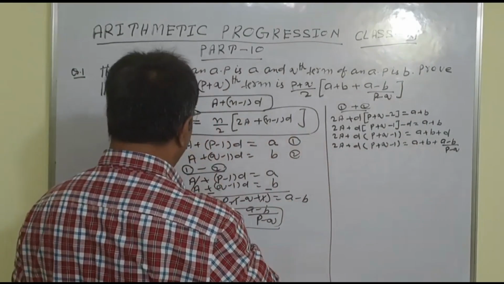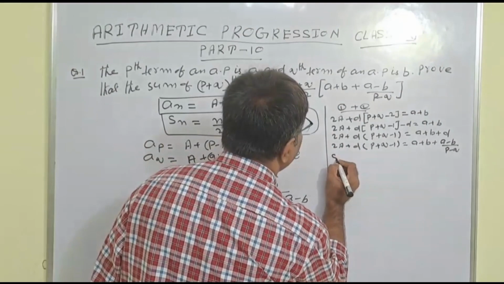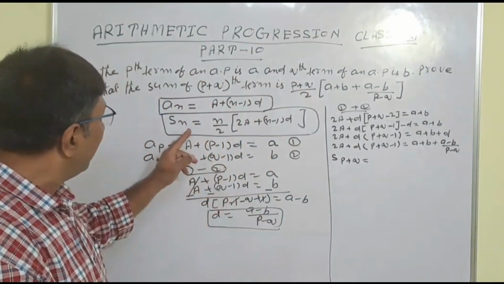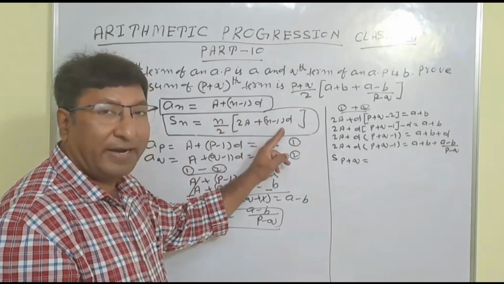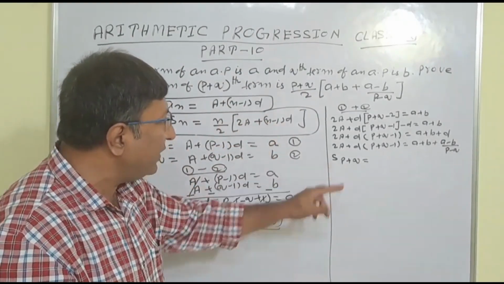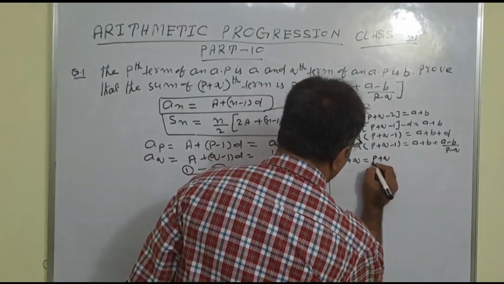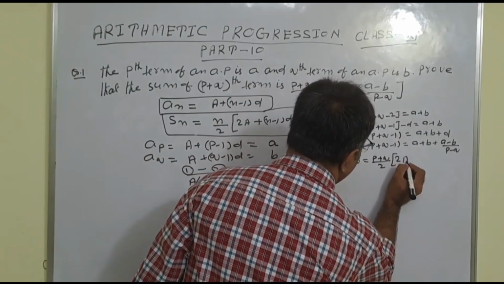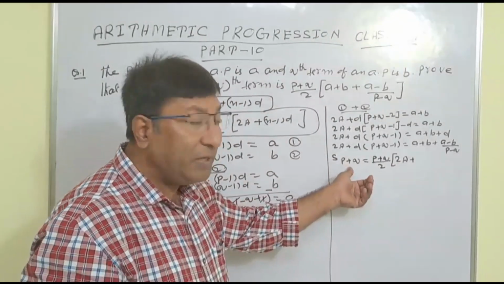Now we have to find the sum of p plus q terms. So you know the formula, the sum of n terms is n by 2 into (2a plus (n minus 1) d). Here n is p plus q. So we will write here (p plus q) by 2 into (2a plus (n minus 1) d). What is n here? p plus q.